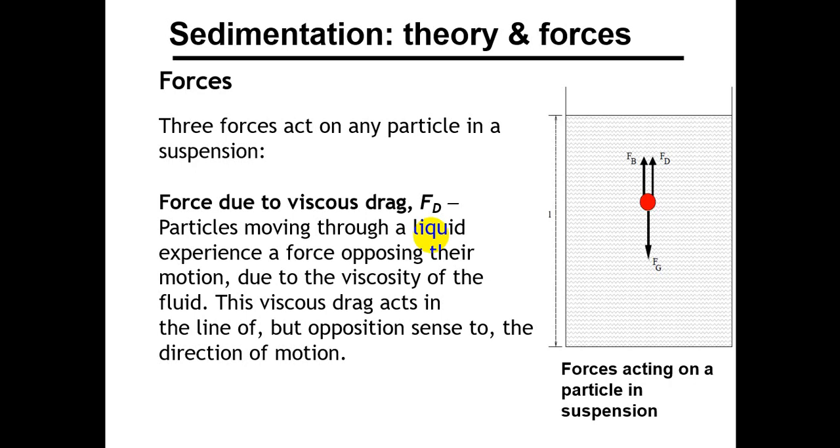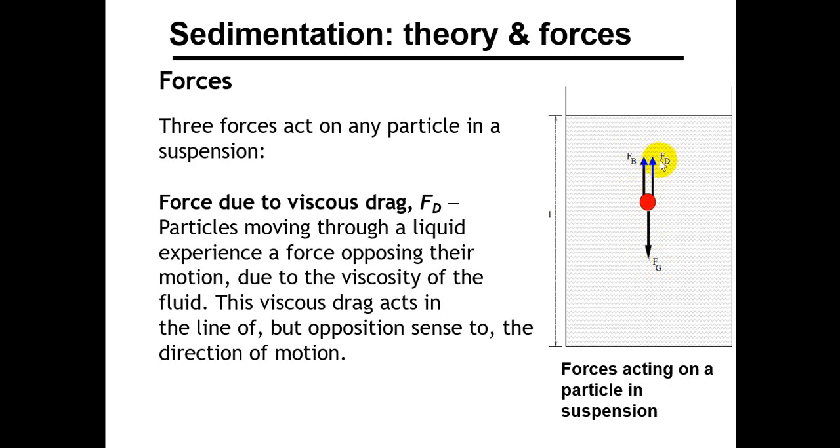Then the buoyant force, the force due to buoyancy, is equal to the volume of fluid displaced by the ball or by this particle. It will displace an equal volume of fluid, which is equal to what? The weight of this particle, and it should be balanced with what? Force of gravity.